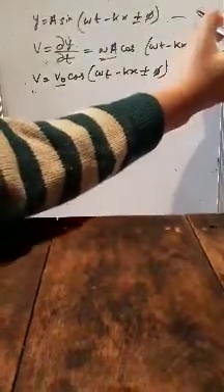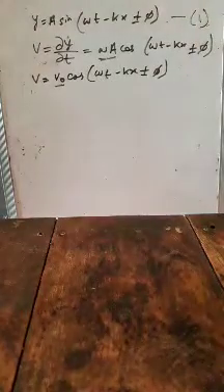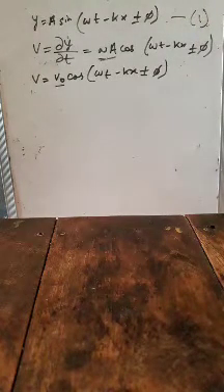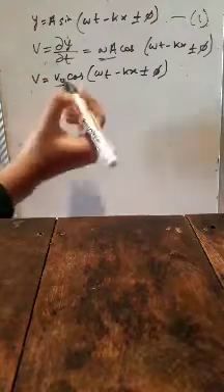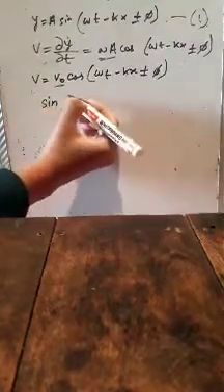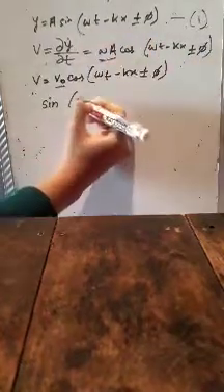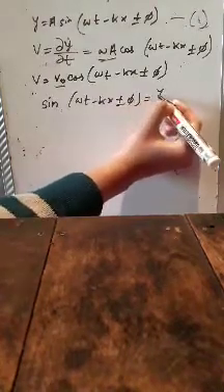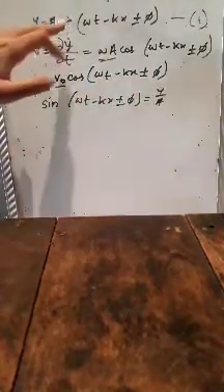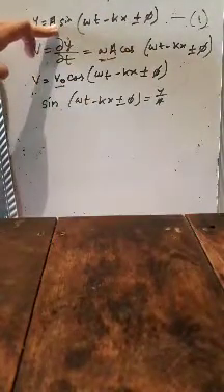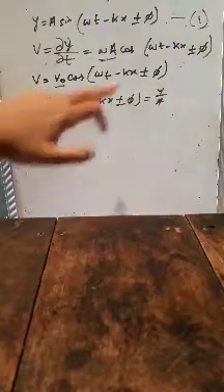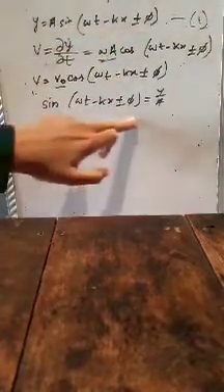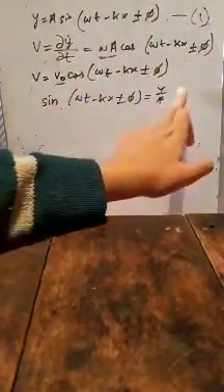From this equation, let us write this as equation number 1. From this equation, we can write sin within bracket this full thing, (omega t minus kx plus minus phi) equals y by a. We are bringing this a into the denominator, so in the LHS we have the sin and the term inside the bracket, and in the RHS we will have only y by a.